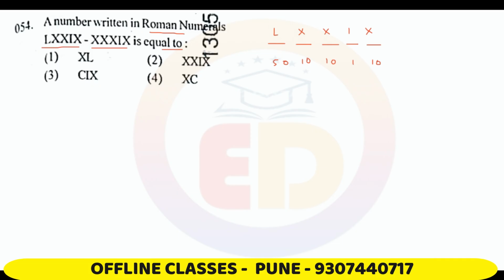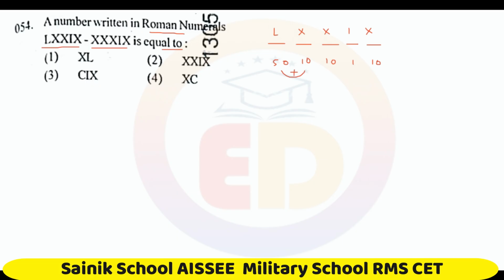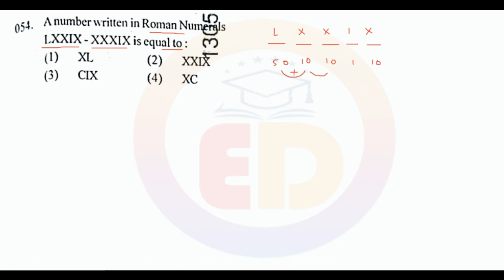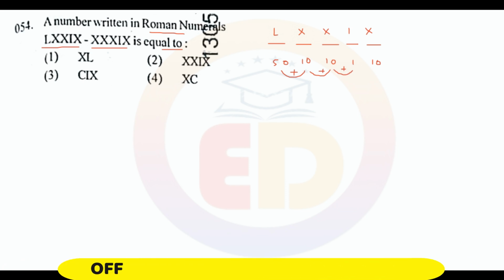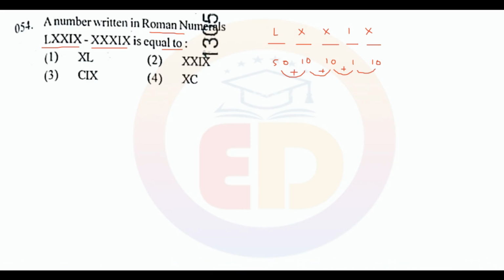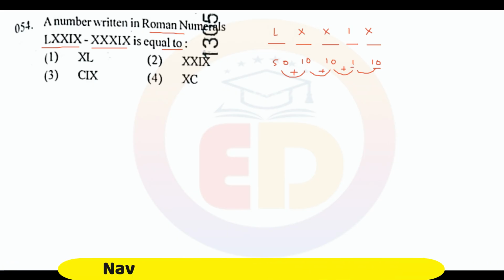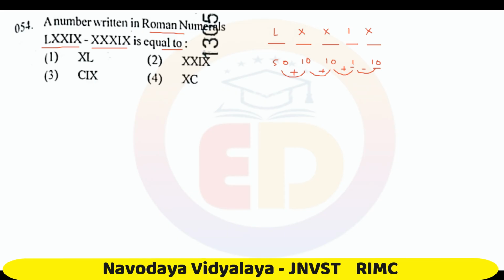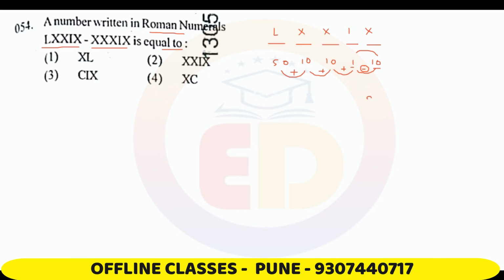Now, first we have a greater symbol 50, then a smaller symbol 10, so it will be added. Then again we have an equal symbol 10, it will be added. Then 1, so here we will do addition, but after 1 it is a greater symbol. So when a smaller symbol comes first and then a greater symbol comes later, like in the case of I and X at the end, then we subtract. You subtract 10 minus 1, so this is 9.